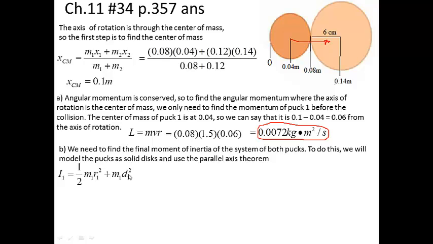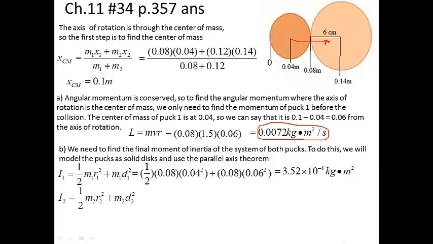D1 is the distance from the axis of rotation, which we already figured out in part A of the problem. So we just plug in our numbers, and we get that the moment of inertia for disk 1 is 3.52 times 10 to the negative fourth. For disk 2, it's going to be the same formula, except it's M2, R2, and D2.